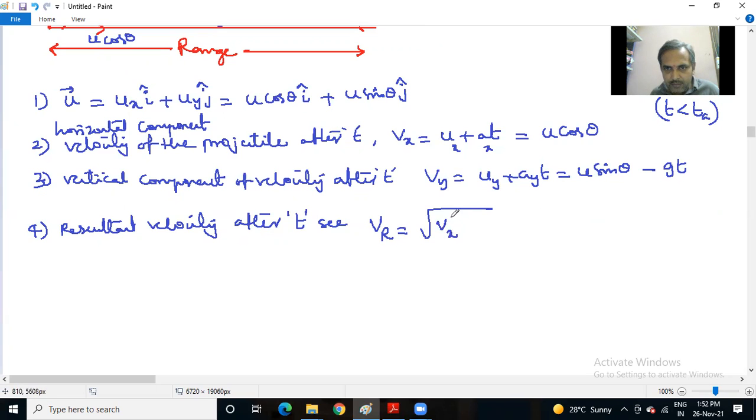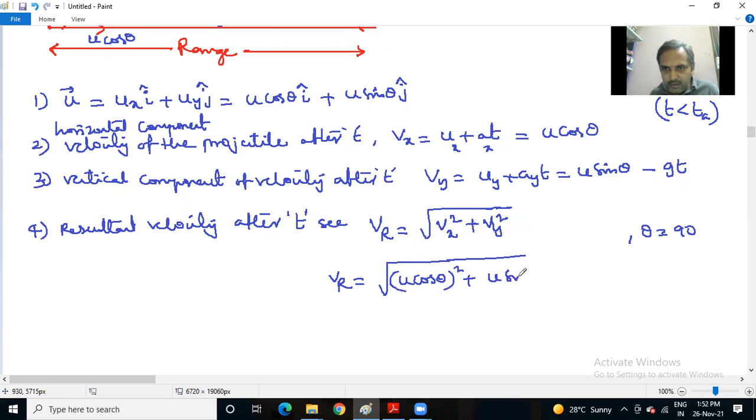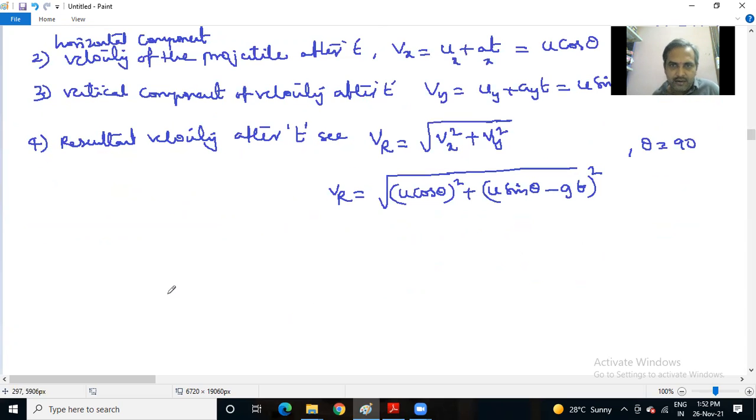In place of a, Vx, and in place of b, Vy. Since Vy and Vx are at 90, the 2ab cos theta quantity does not exist. So Vx is u cos theta whole square, Vy is u sin theta minus gt whole square. So you can proceed as per the questions, as per the numbers given in the quantities.